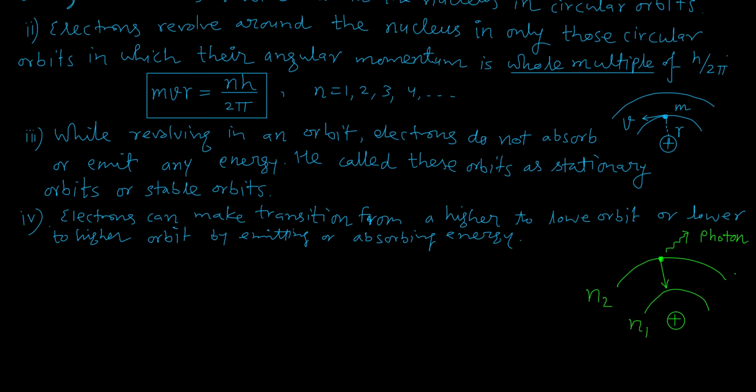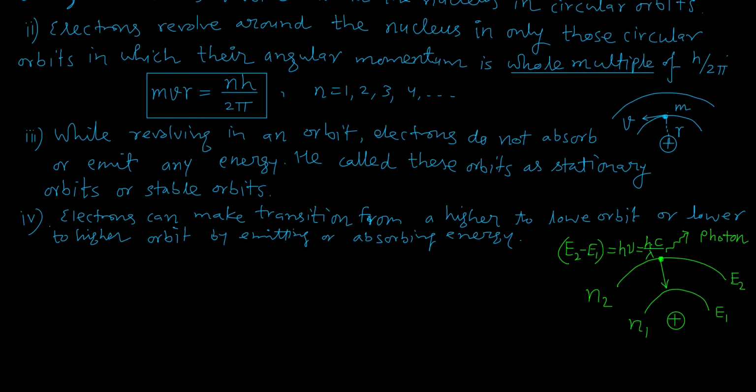Suppose the energy level of this n2 orbit is E2, and the energy level of the lower orbit is E1. So the photon emitted here will have how much energy? It will have E2 minus E1 amount of energy, and this energy will be equal to h times nu, where nu is the frequency of the emitted photon, or if you want to write this formula in terms of wavelength, then it will be hc divided by lambda.